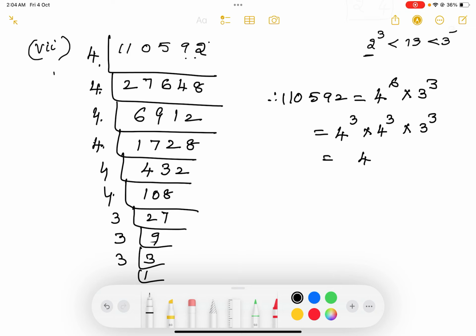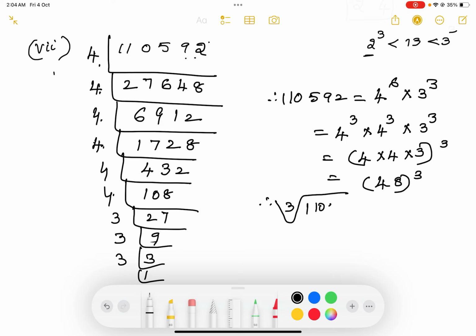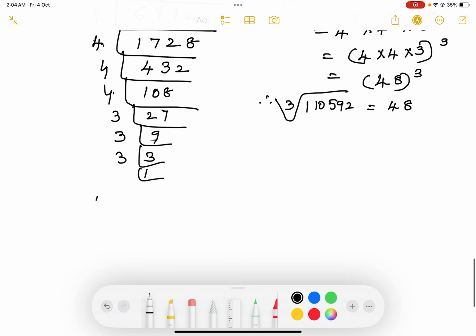So you can write it as 4 into 4 into 3, the whole cube. So what is this? 48, the whole cube. So therefore you can say that the cube root of 1,10,592 is 48.